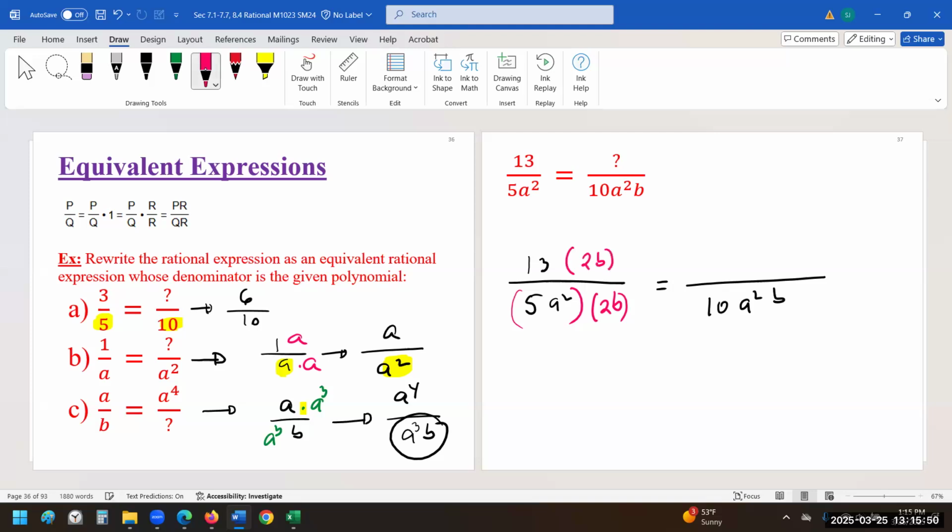Anytime you multiply the numerator or denominator, you have to multiply the other one. That's the rule, because otherwise you're not doing anything. So what goes on the numerator then? 26b.